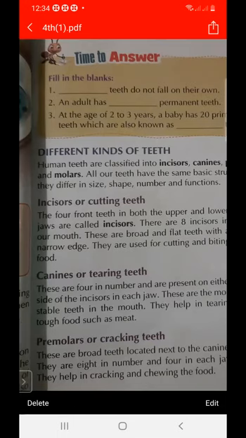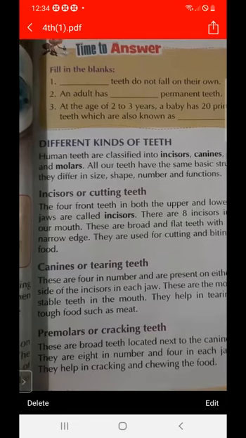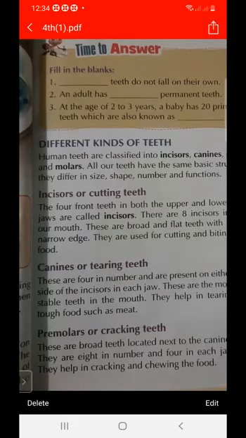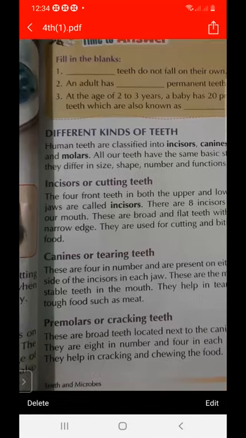And what is another name of incisor? Cutting teeth. And what is another name of canine? Tearing teeth. And what is another name of premolar? Cracking teeth.